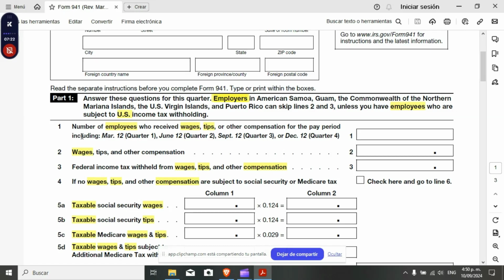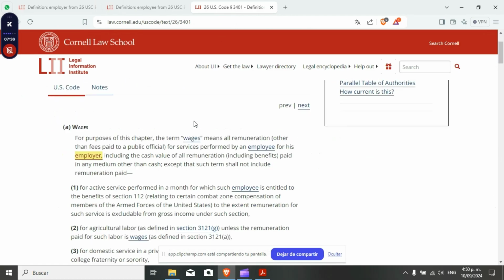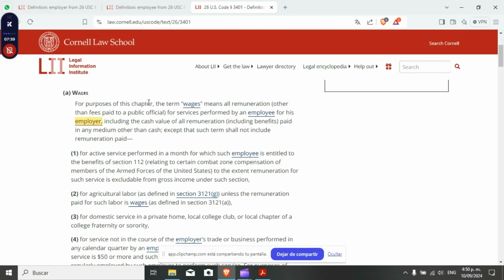Now, let's take a look at this word wages, which is one of the foundational words on which the tax law depends for its enforcement and application. Let's see what the word wages means. As we can see here, the term wages means all remuneration, in other words, pay, other than fees paid to a public official.